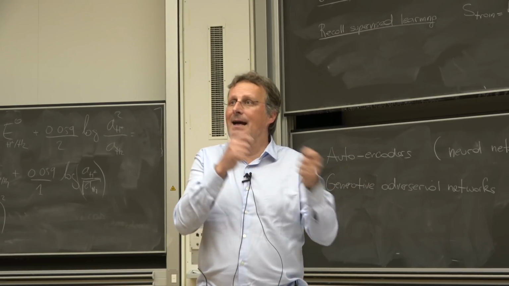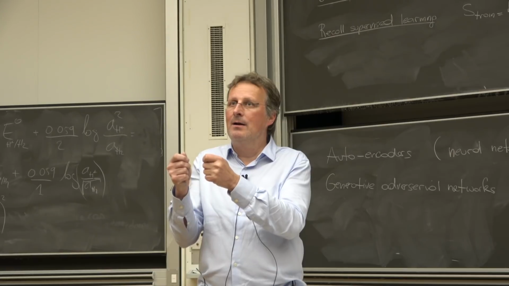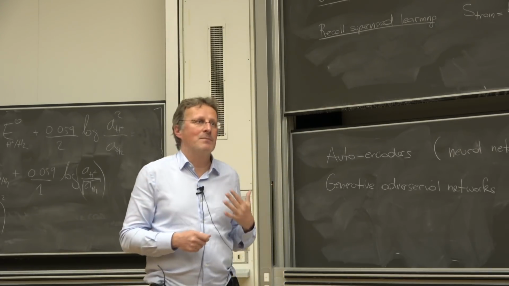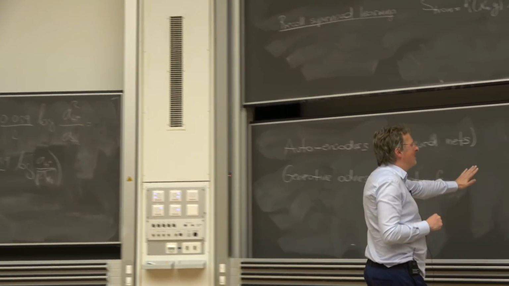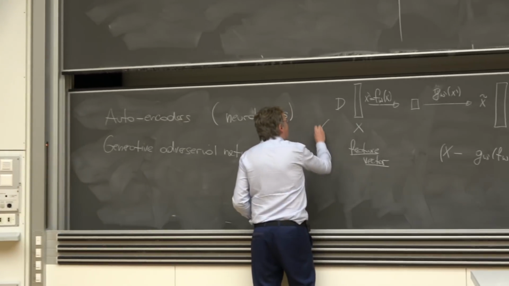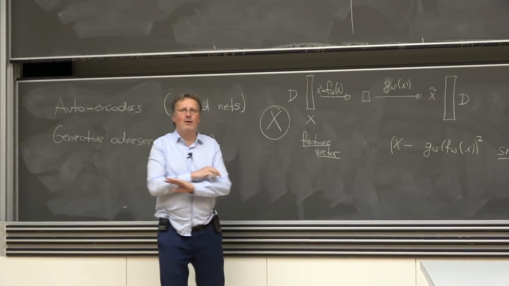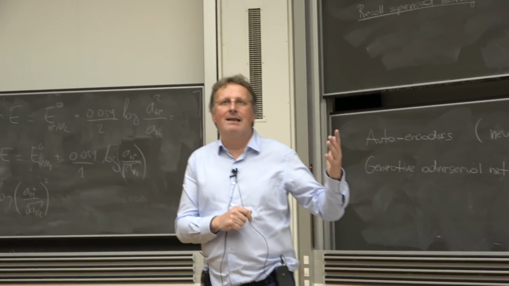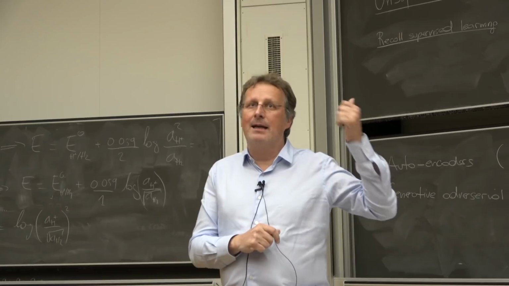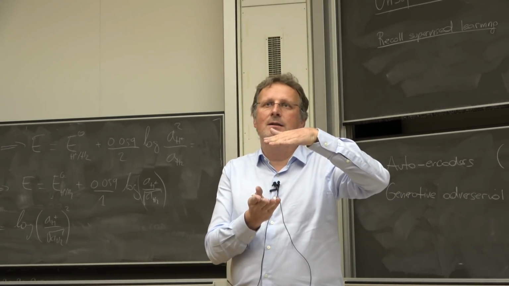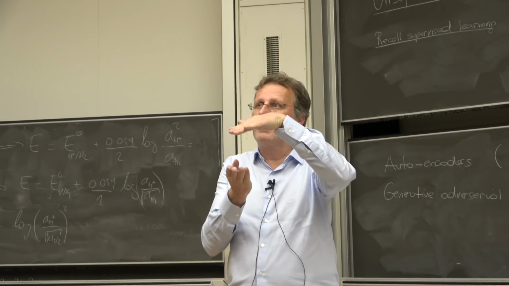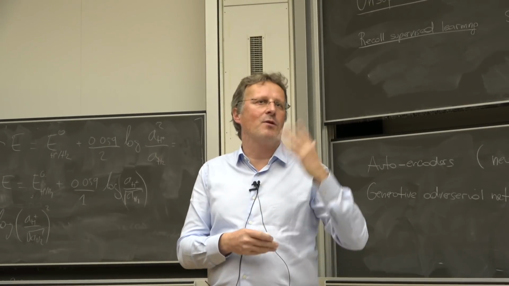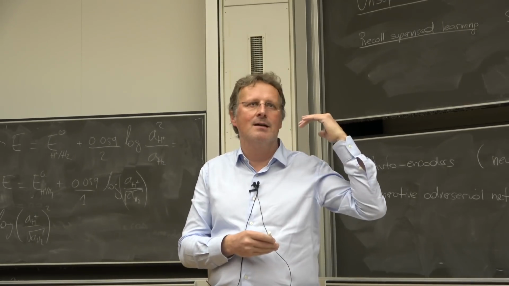So that's one way to use it. I could use it as a compression algorithm. Or, so far I have only used the data, I've only used the x. There's no feature, nothing of what I want to learn is in there. But I might have lots and lots of unlabeled data, and I can use that to find a good representation. And now I can start with this small vector and do my actual training for whatever I'm interested in, classification, regression.